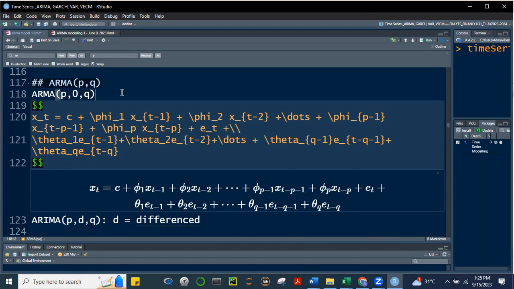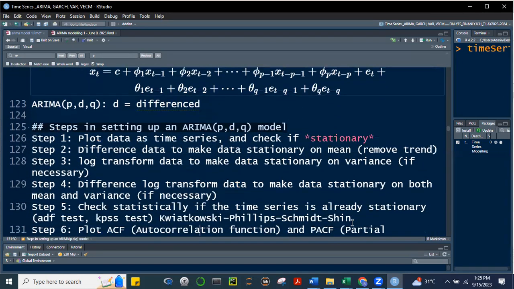The D there stands for differencing, the middle letter. In this case, since we did not difference, the D takes on a value of 0.